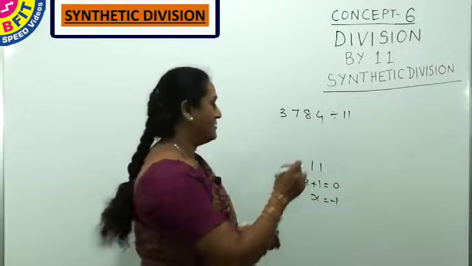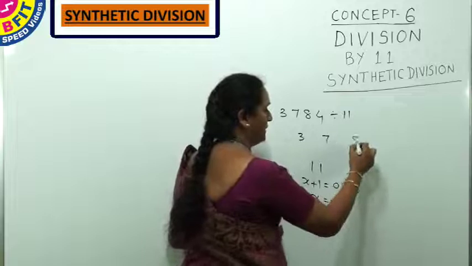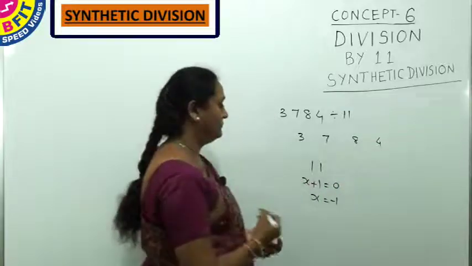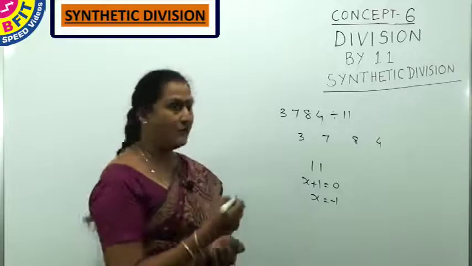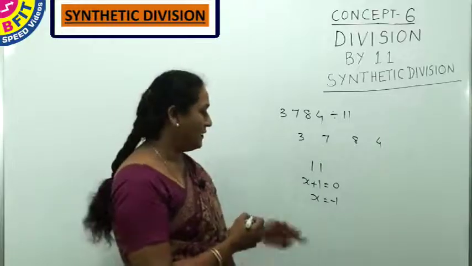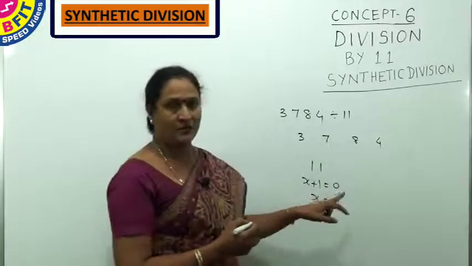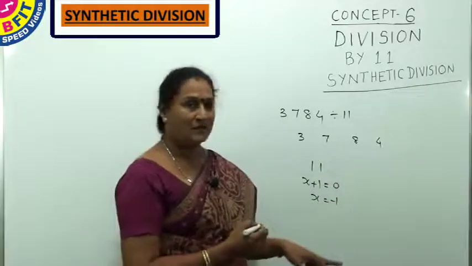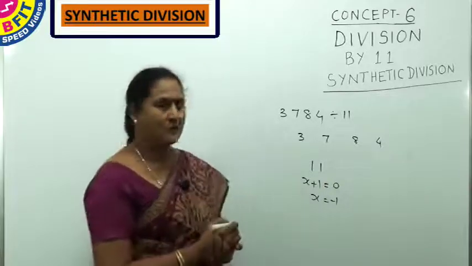So write the numbers apart, 3, 7, 8 and 4. When it is 11, we have to make the synthetic division with minus 1, because x plus 1 equal to 0, x is equal to minus 1. So you have to do the synthetic division throughout with minus 1.